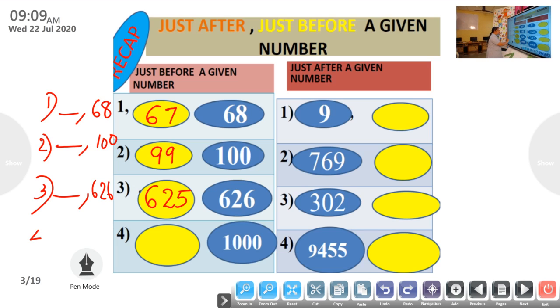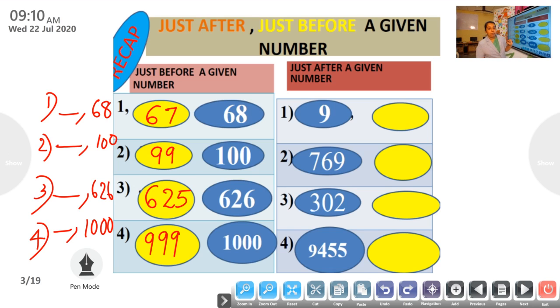Then number 4. What is the number here? Dash 1000. So just before 1000. Which number comes before 1000? Yes. Very good. So 999. Is it clear? Then here you have to write the number just after a given number.